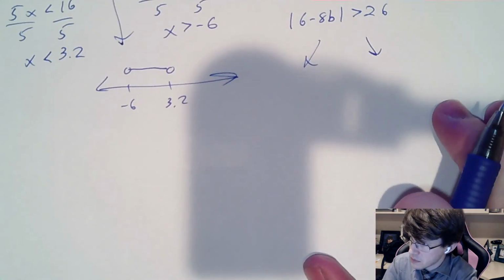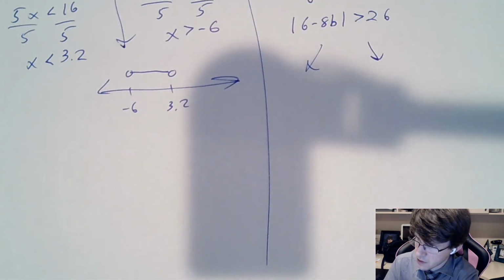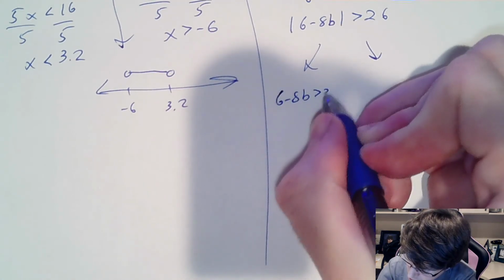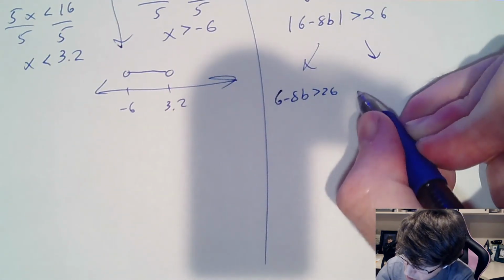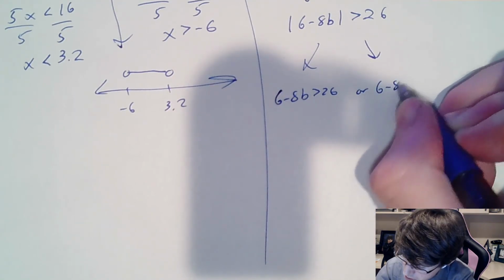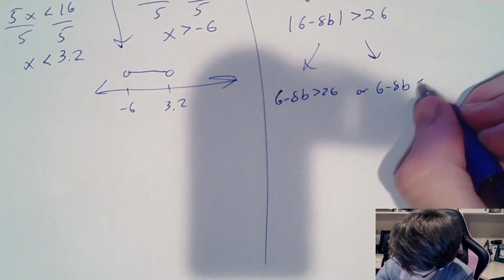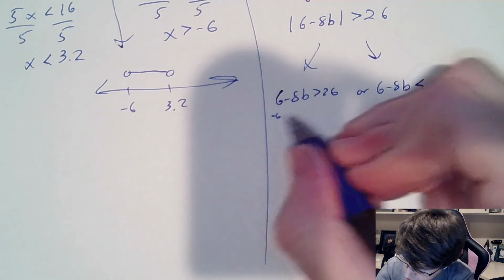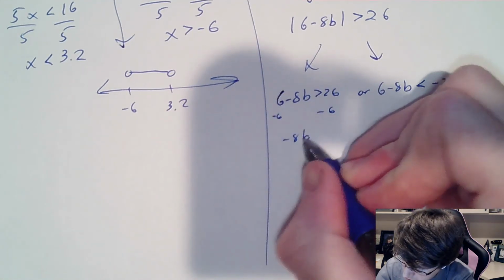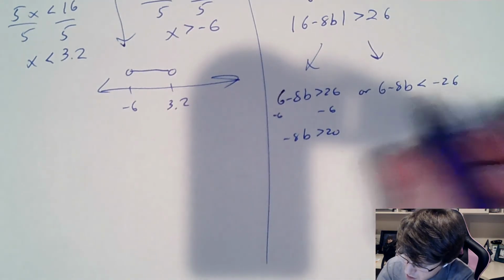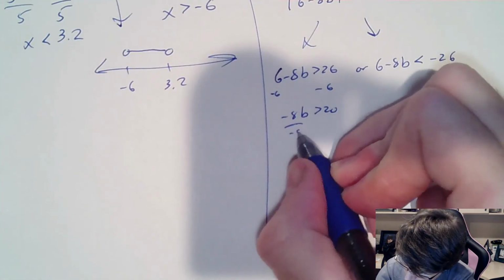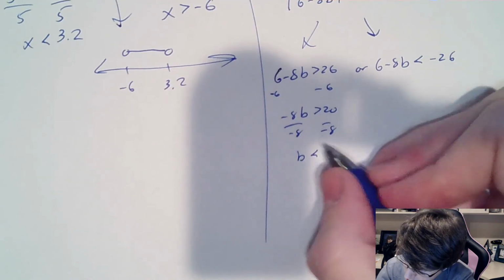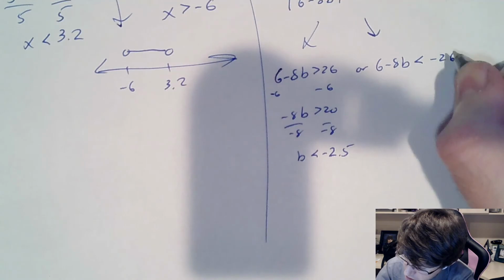Don't want my face to block it. I don't want this other problem to be part of it either. So 6 minus 8b greater than 26. Or 6 minus 8b less than -26. Subtract 6 on both sides. -8b greater than 20. Divide both sides by -8. And you get b is less than -2.5.